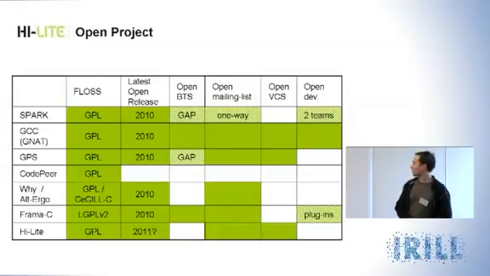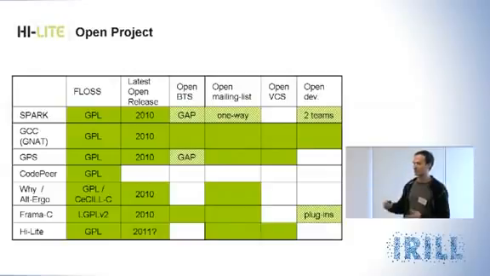Most of them, but one, have every year a GPL or free license release. Some of them, mostly GNAT GCC and Frama-C, have an open bug tracking system. For the others, in fact, it's an academic-only bug tracking system which is open. Most of them have an open mailing list.